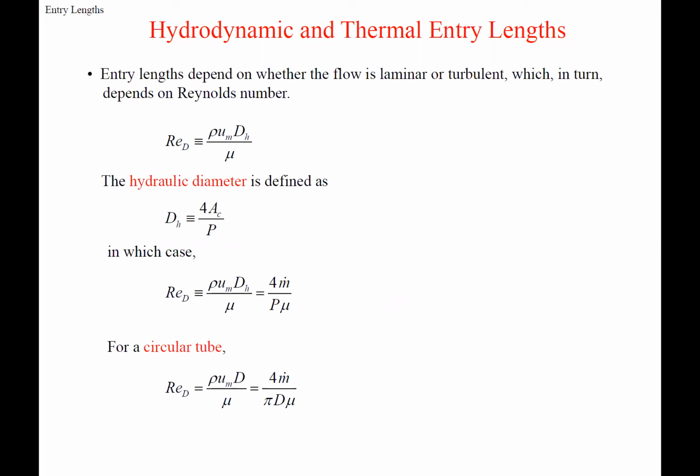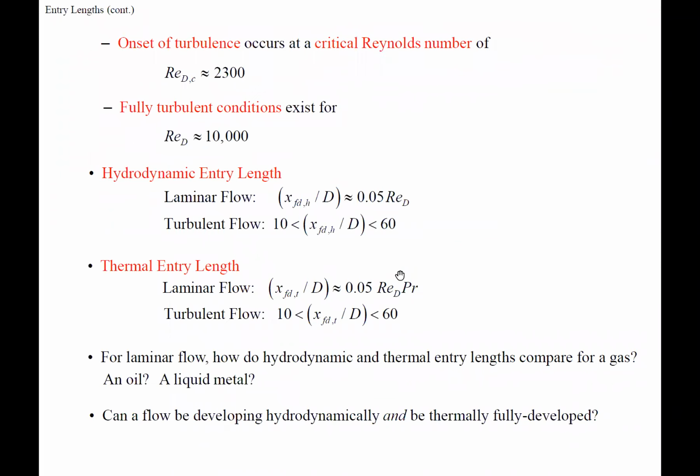We went through the different versions of the Reynolds number, and then defined the hydrodynamic entry length for laminar and turbulent flow, the thermal entry length for laminar and turbulent flow, and the critical Reynolds number, where it switches between laminar and turbulent for internal flow. It's a different value than for external flow.